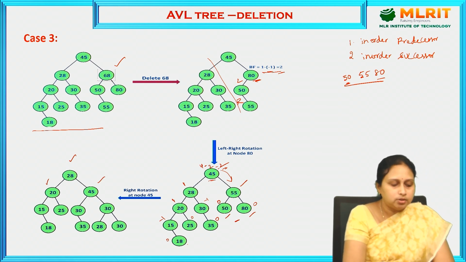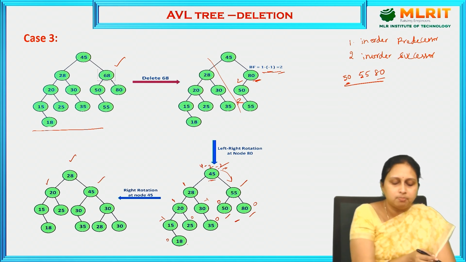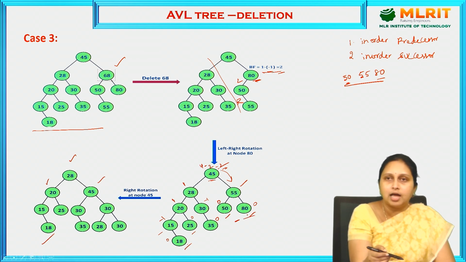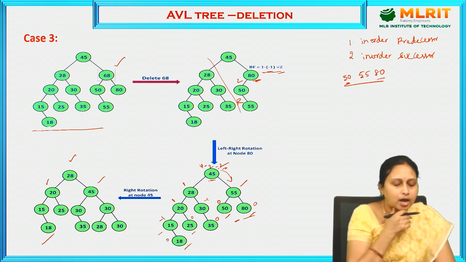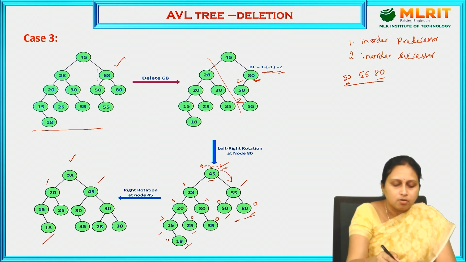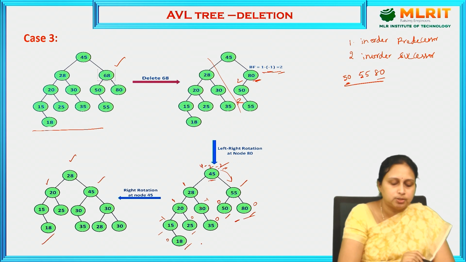Now according to this, the remaining elements can be placed. For 20 you have 15, 25, 18, place as it is. And for 45 you have 50, 55, 60 and 80 as it is. And which are left over? For 28 you have 30 and 35, and that has to be placed in the proper position.